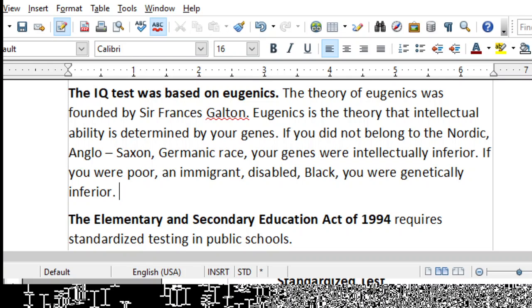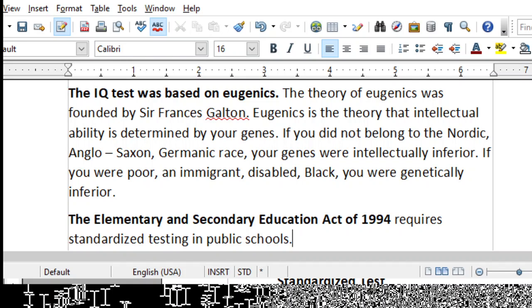Okay, so the Elementary and Secondary Education Act of 1994 requires standardized testing in public schools. So there is a law that says that public schools have to use standardized testing. Only public schools.